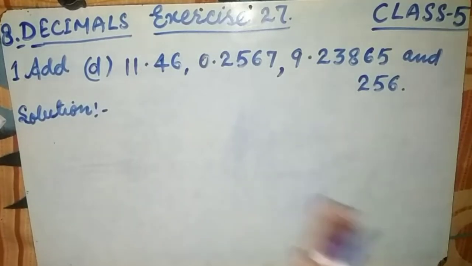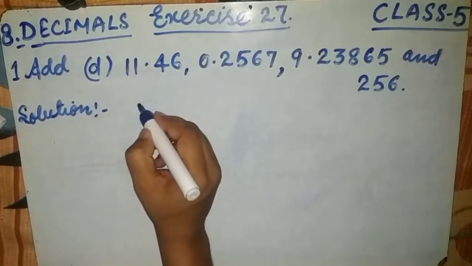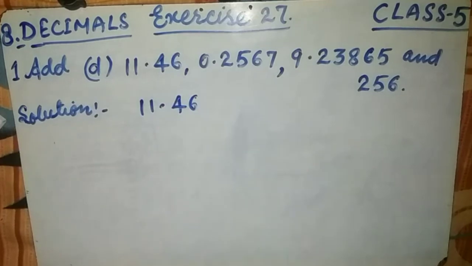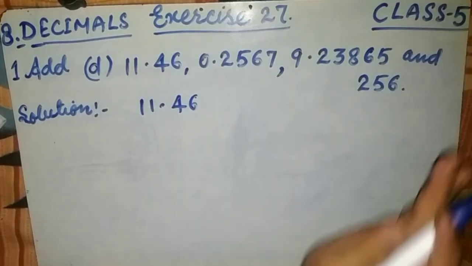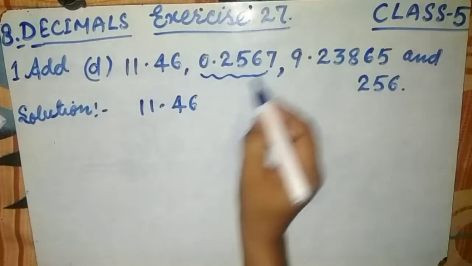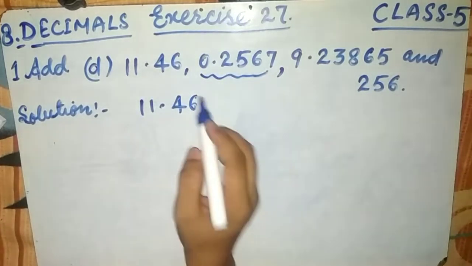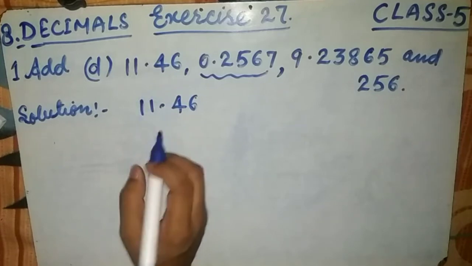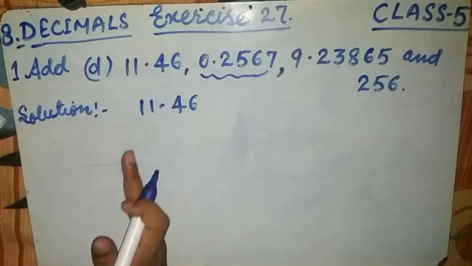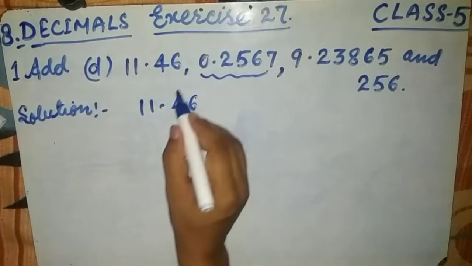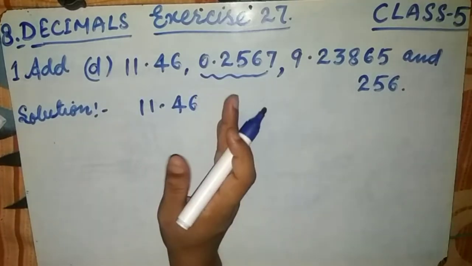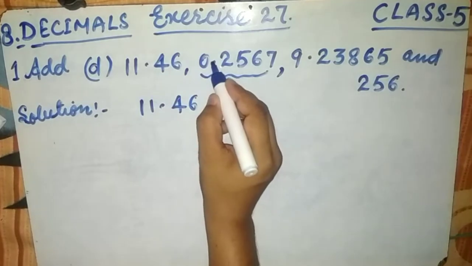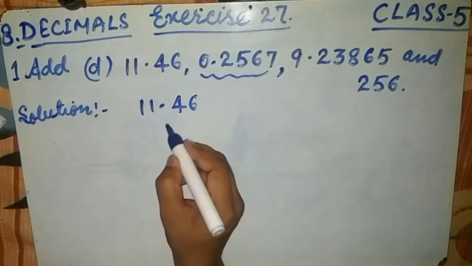First write down 11.46. Now this is 0.25, so all integral parts are along the integral parts, and all fractional parts are along the fractional parts. The decimal points should be in a straight line.